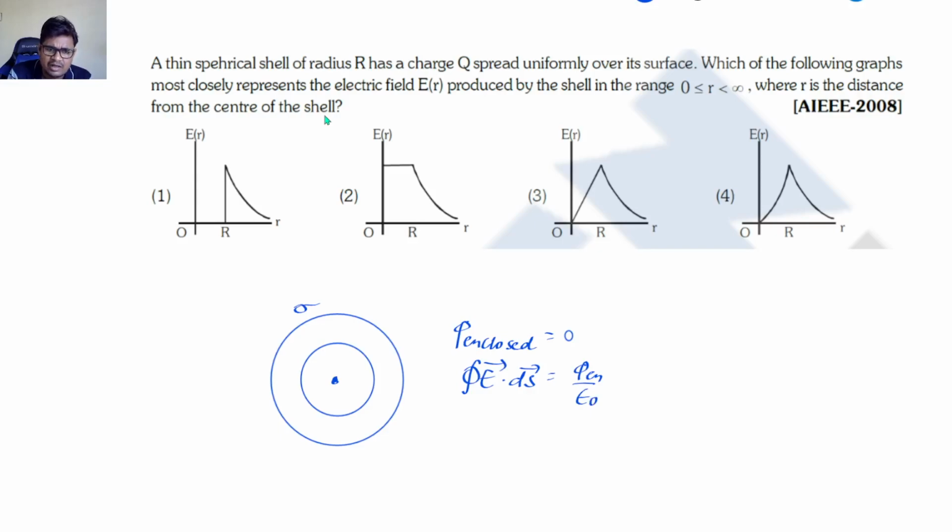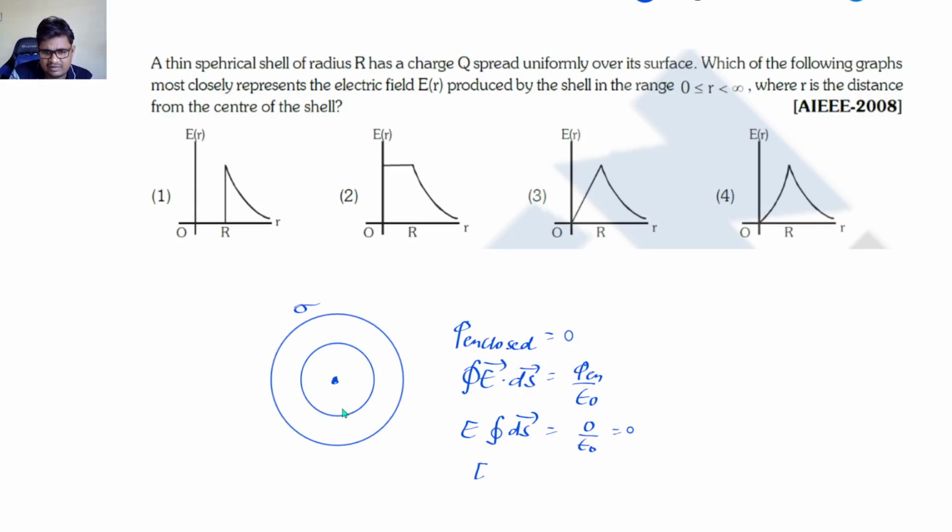So here by symmetry, this element that I have taken has a symmetry about the center. So by symmetry I can say the electric field will be the same everywhere on this surface. So I can take this E out and the integration of ds over the surface, and Q enclosed is 0 by epsilon naught. So this is basically 0 here.